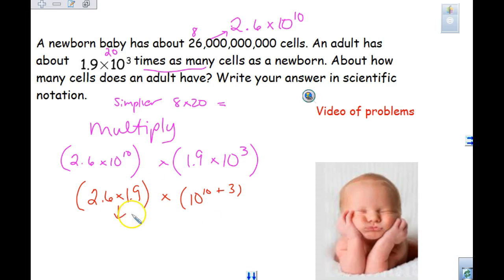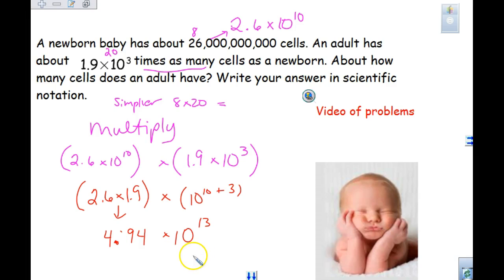Multiply in your calculator. 2.6 times 1.9. Maddie, what'd you get? 49.4. Wait, 2.6 times 1.9? 4.94. You got 49 or 4 points? Go back. Put in 2.6. Okay. 4.94 times 10 to the 13, right?